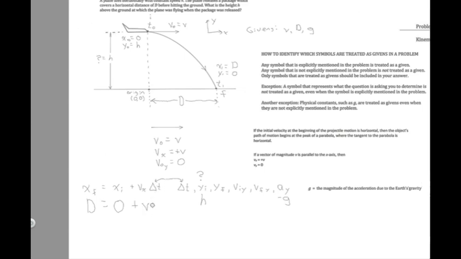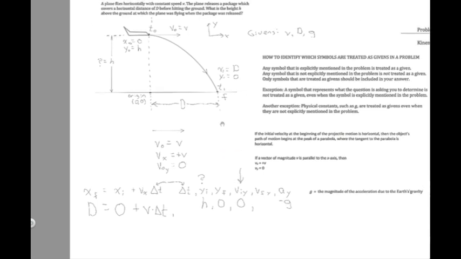Delta t, we don't know, so I'll simply write down the symbol delta t for that. And again, we don't know what delta t is over here, so I'll leave that blank for the time being. y final is 0. v initial y is 0.